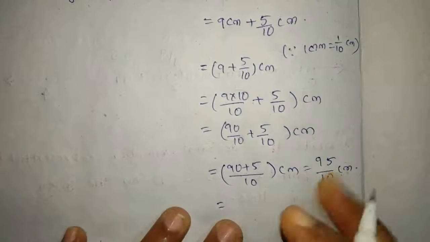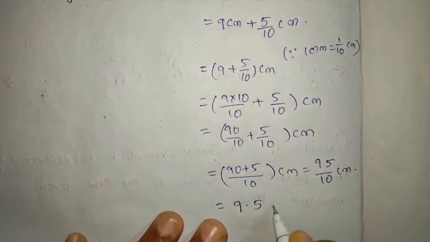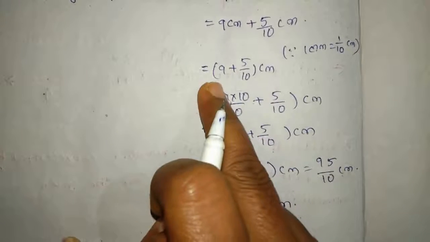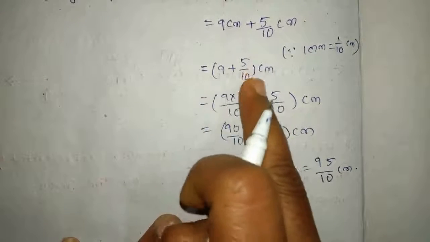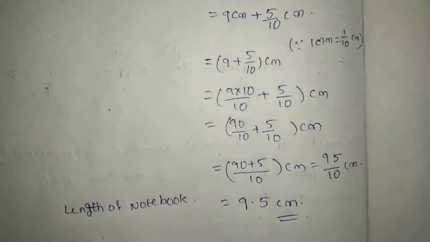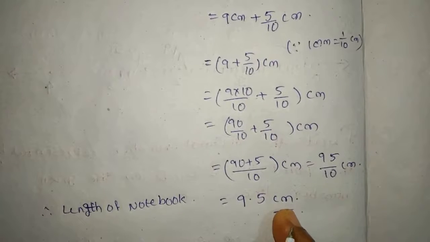Now this can be written as 9.5 cm. Here also see, 9 ones and 5 tenths is equal to 9.5 cm. Therefore the length of the notebook is 9.5 cm.